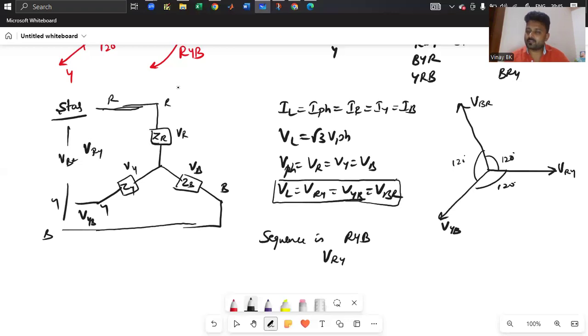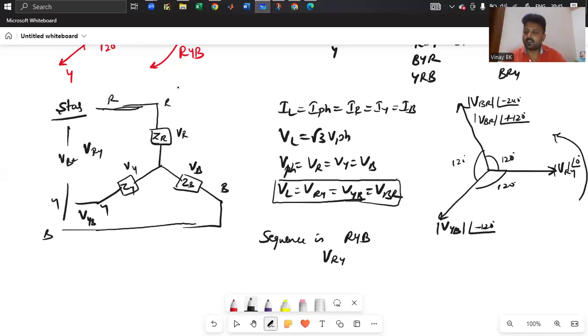VRY is the reference, so magnitude of VRY at an angle of 0 degree, and the phasor direction is anti-clockwise. So VYB lags VRY at an angle of minus 120 degree. Similarly, VBR lags VRY at an angle of minus 240, or else VBR leads VRY at an angle of plus 120 degree. These are the voltage values.